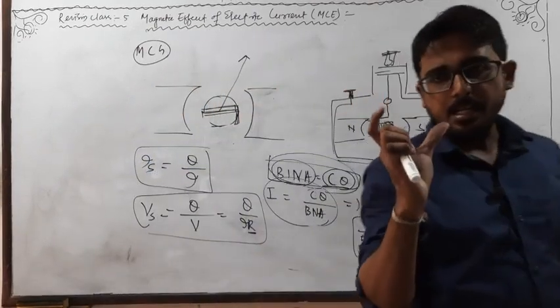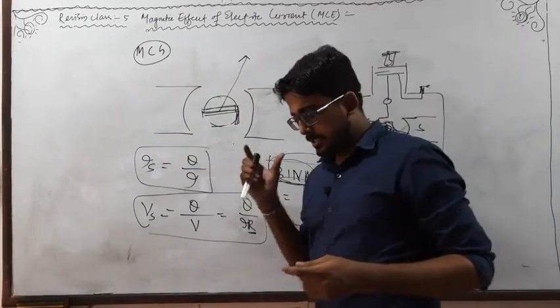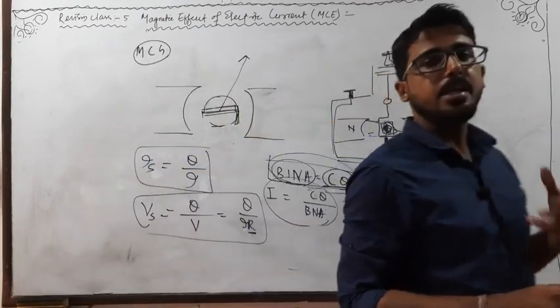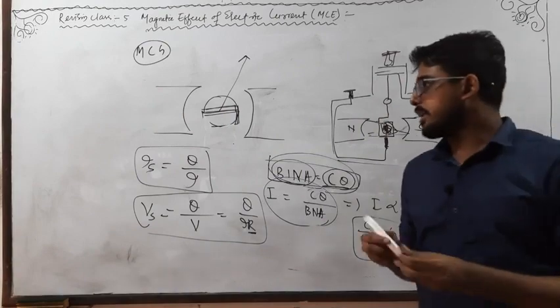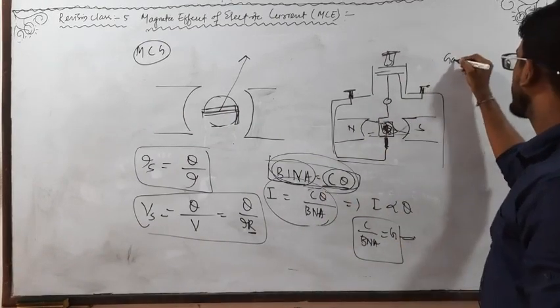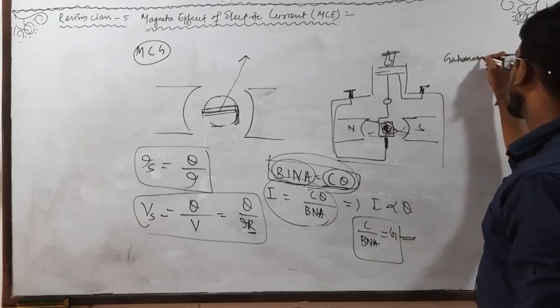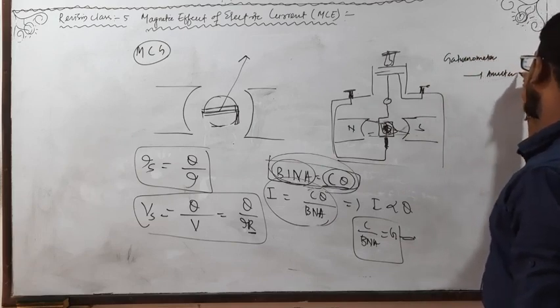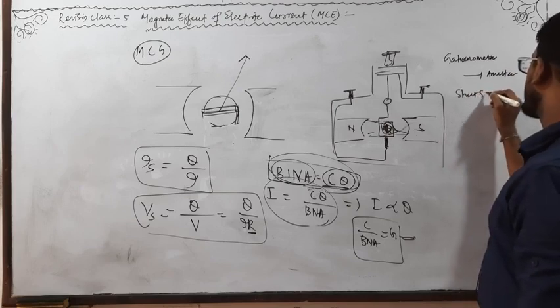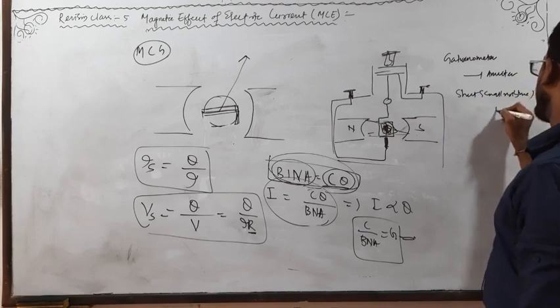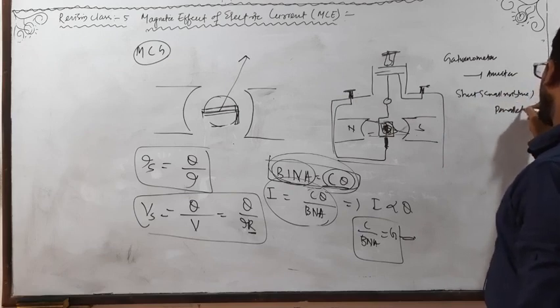Clear? An ideal ammeter has resistance 0 and an ideal voltmeter has infinite resistance. In the conversion of a galvanometer into an ammeter, a shunt, a small resistance, is connected in parallel to it.